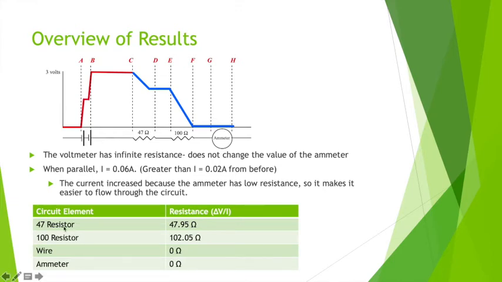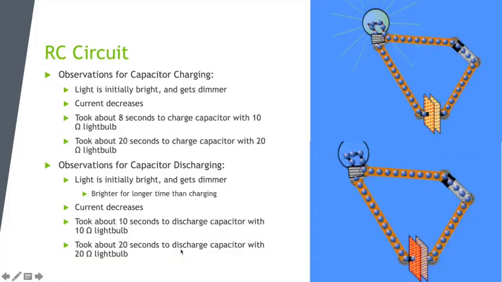The 47 and the 100 resistors both are pretty similar to their nominal values. The 47 resistor is very close, at 47.95 ohms, and the 100 resistor has a resistance that is very close to 100, which is 102.05 ohms. And in our simulation, which is an ideal setting, the wire and the ammeter both have zero resistance.